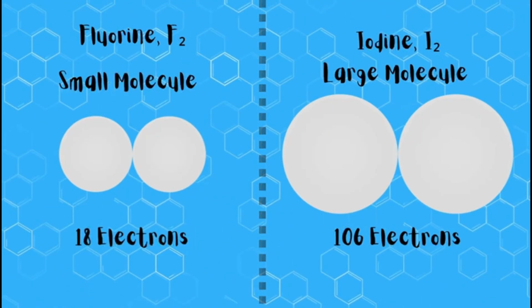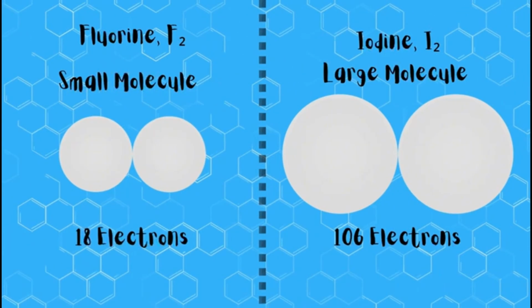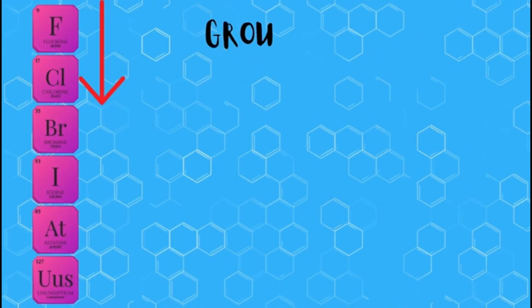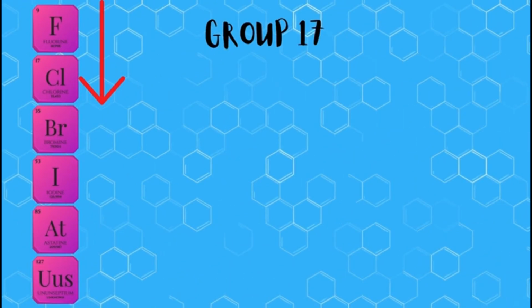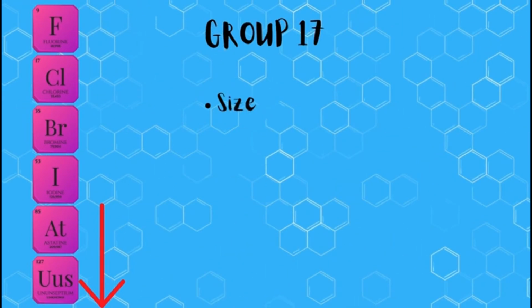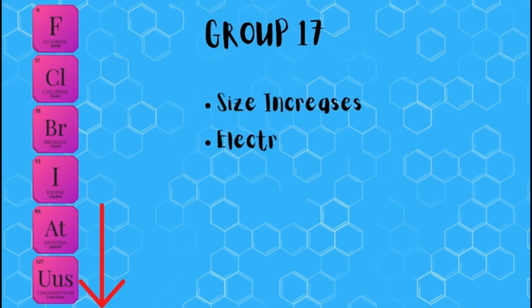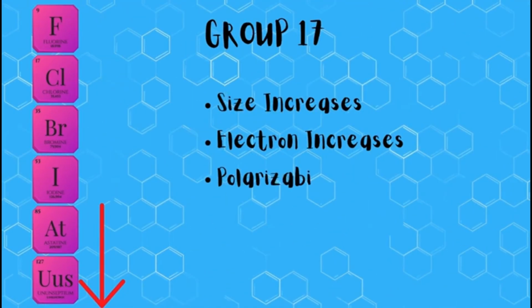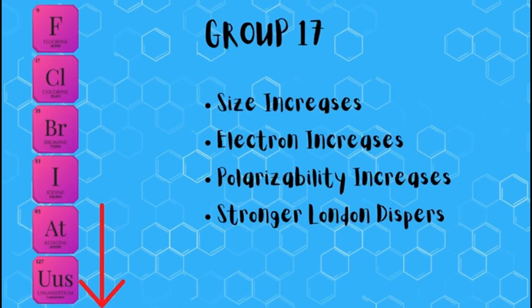More electrons mean more movement and a higher chance of forming a temporary dipole. So, as we go down group 17, size increases, electrons increase, polarizability increases, and London dispersion forces become stronger.